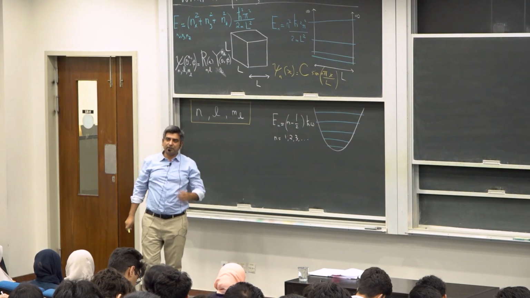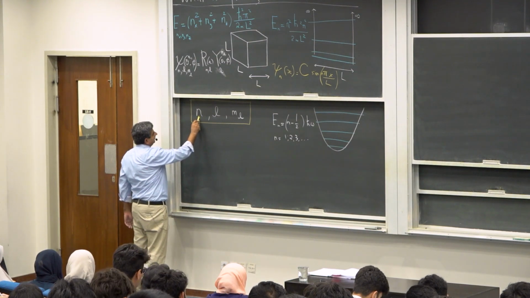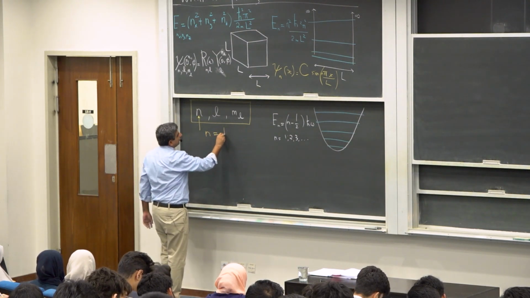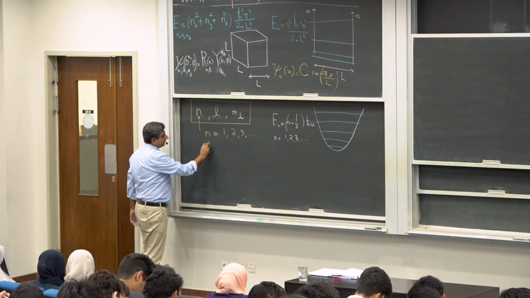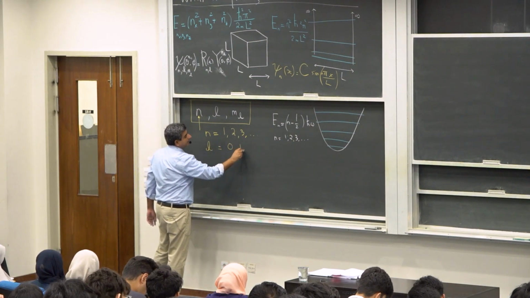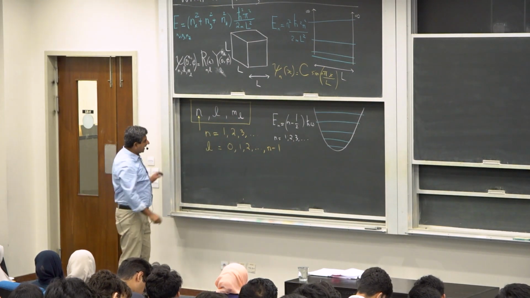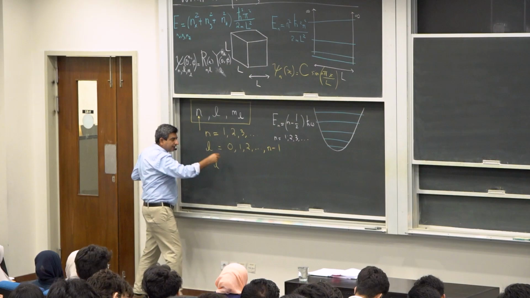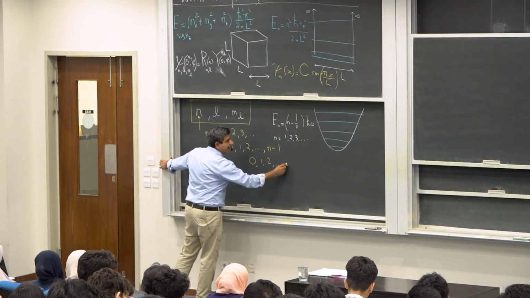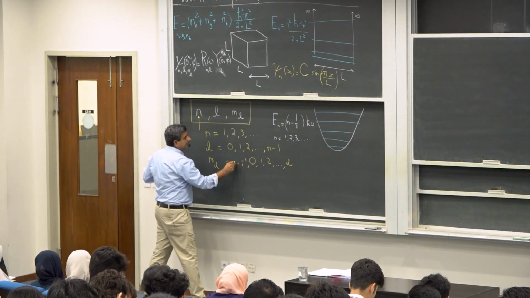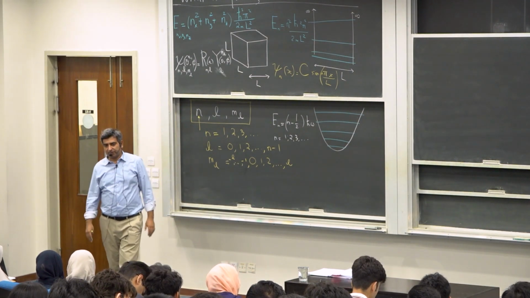So first of all, I would like to focus my attention on this number here, n. n of course goes from 1, 2, 3 all the way up to infinity. l for a given n starts from 0 and approaches n minus 1, and ml for a given l is 0, 1, 2 up till l on the positive side and up till minus l on the negative side. So these are the constraints that we have on these quantum numbers.